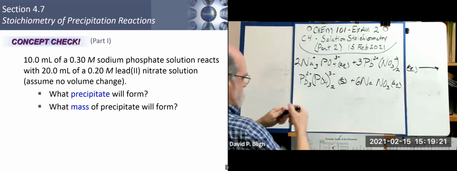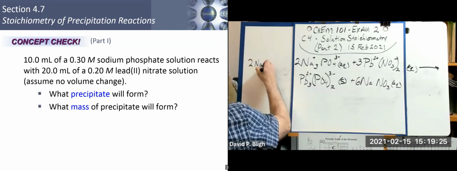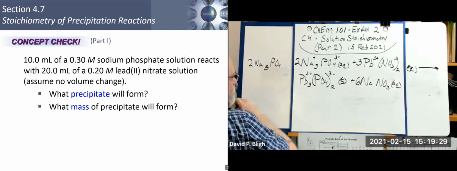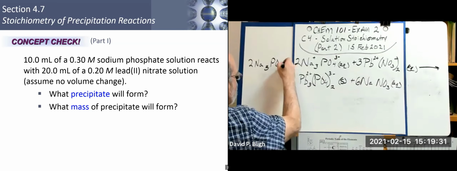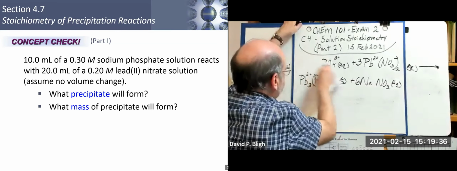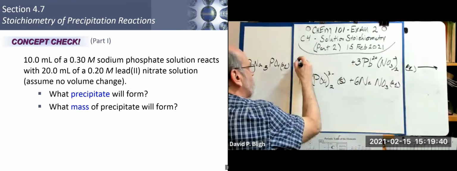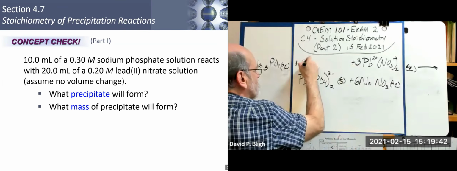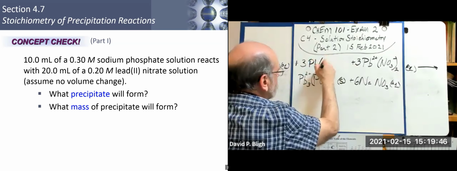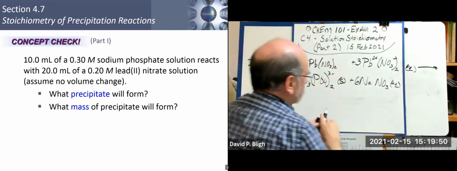So let me do this: 2 sodium phosphate plus 3 lead 2 nitrate, right?